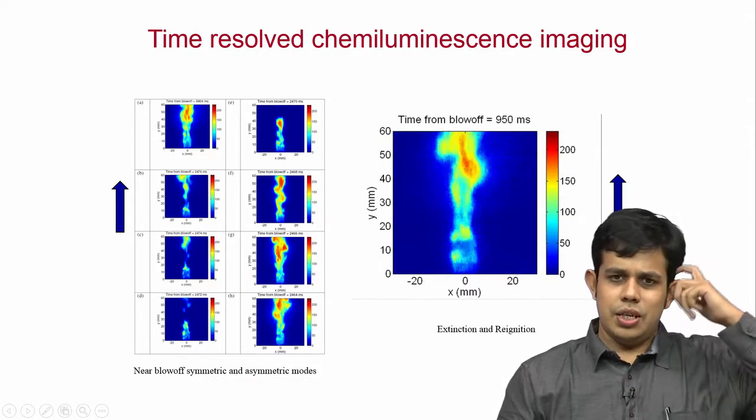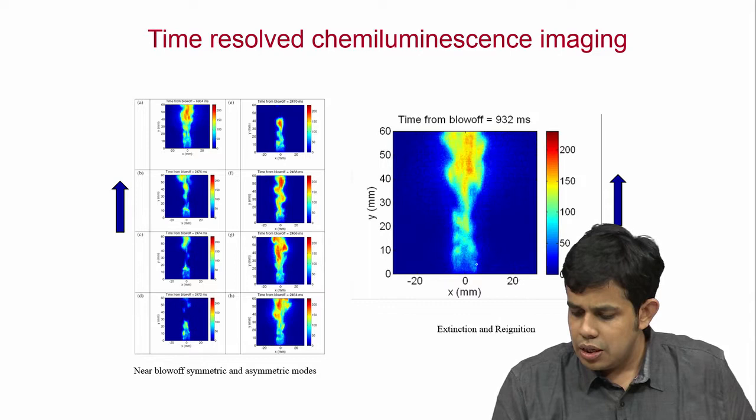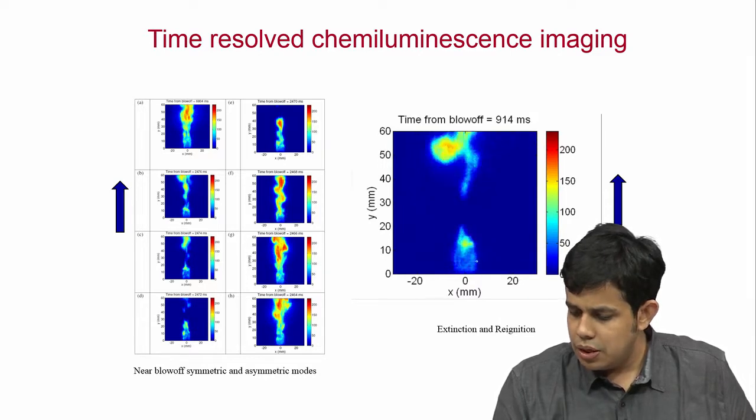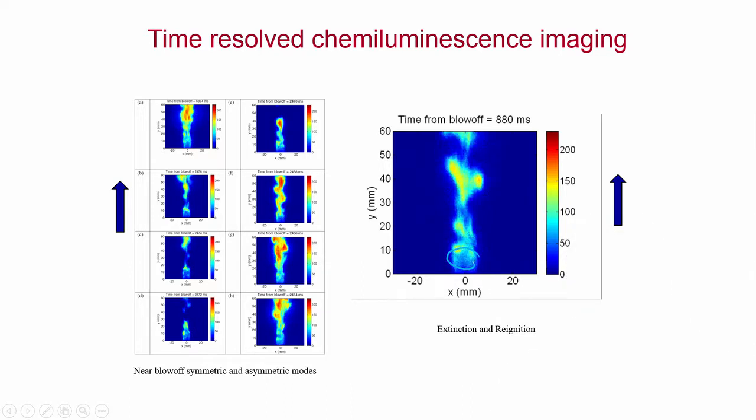in such cases you see that, for example, now this recirculation zone contains some reactions. Okay. So the recirculation zone can contain intermediates, or it can release heat, because you are seeing chemiluminescence from there.